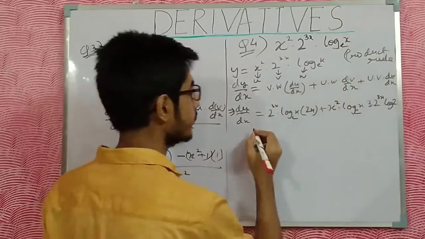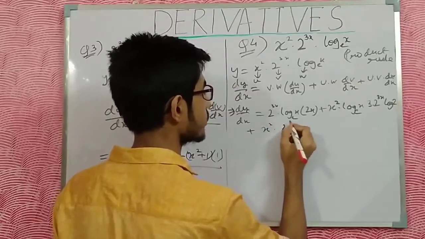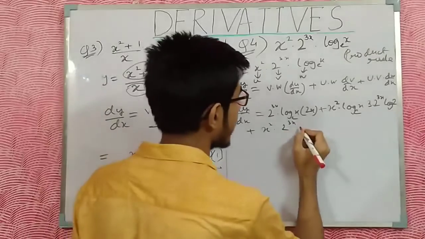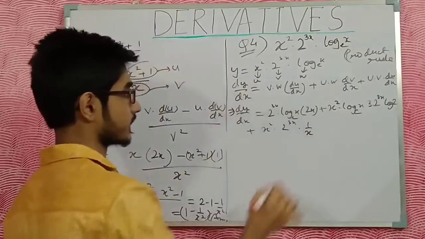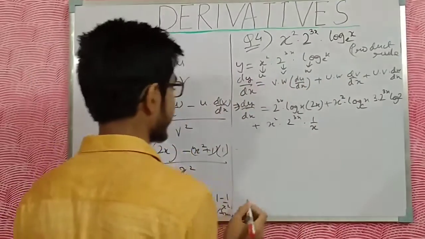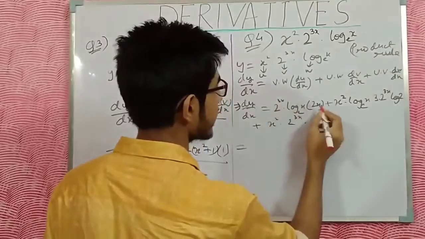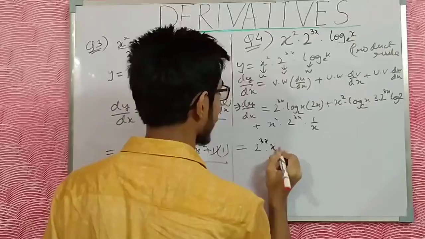Then u into v is x square into 2 to the power 3x, and I have told you the differentiation of log x is 1 by x. So this is the differentiation of the whole. Now I will simplify it. Let me take 2 to the power 3x into x common.